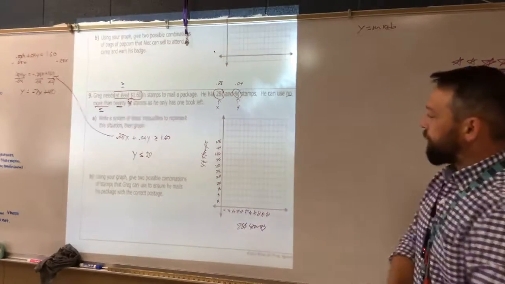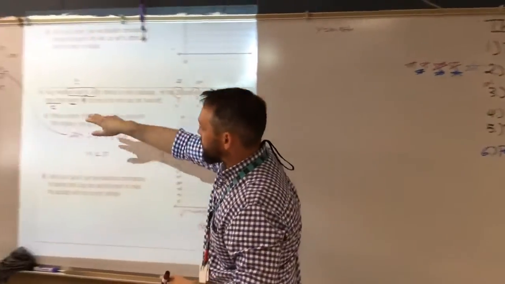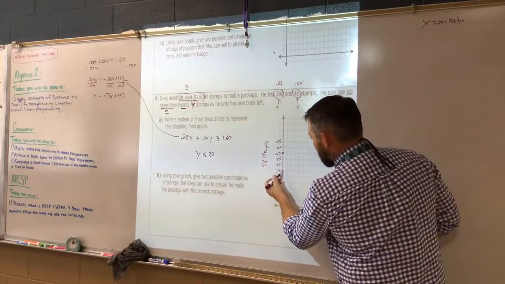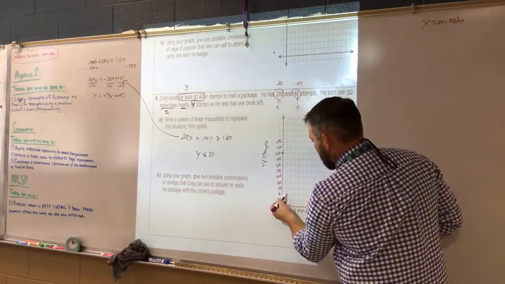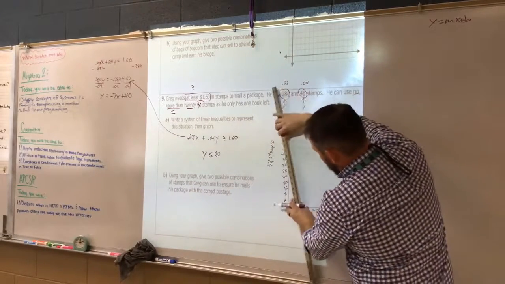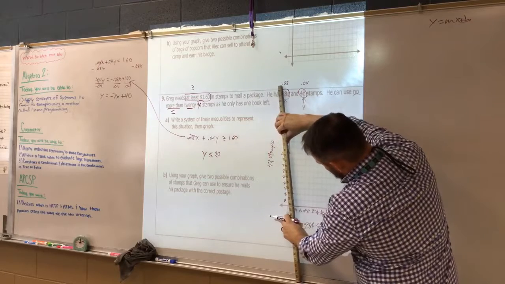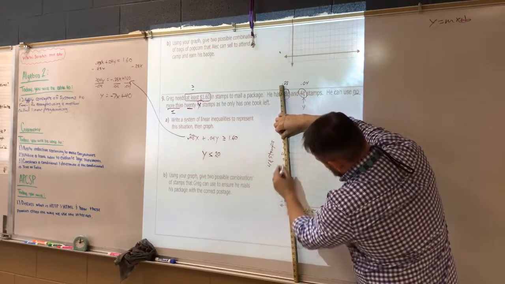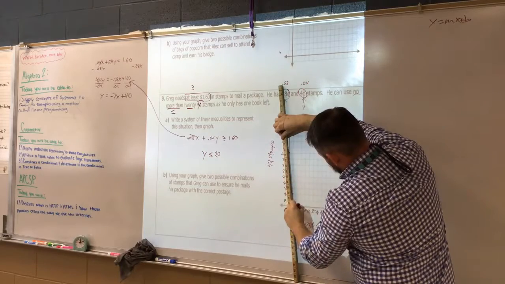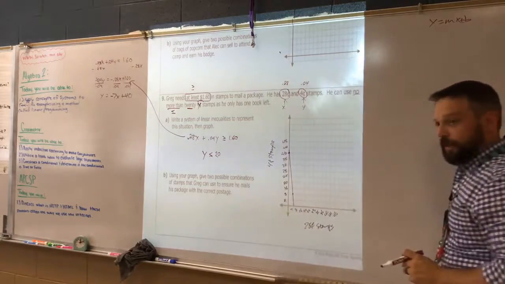Okay, so our first one, we'll graph it. It's negative 7x plus 40. So start at 40, then down 7, run 1. We've got a really steep line there, so let's line that up. Okay, there's my first line.